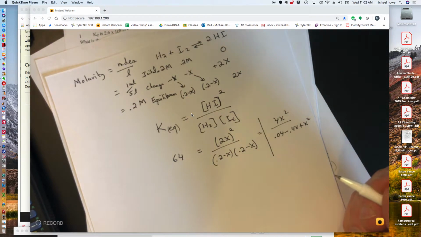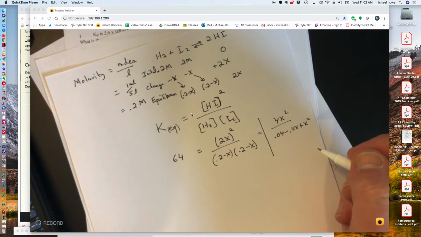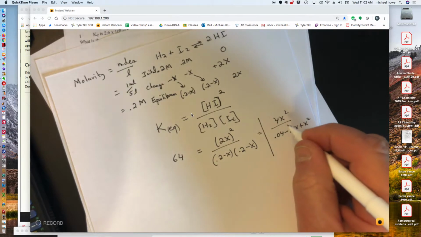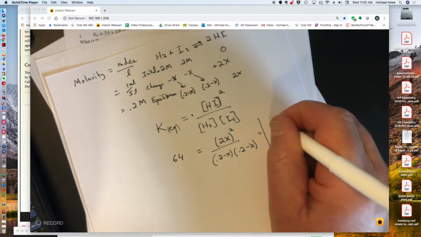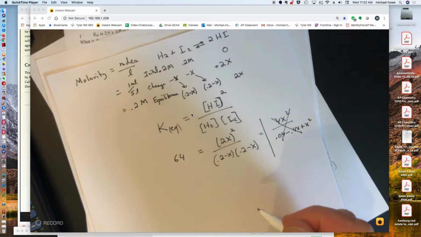Well, then you could rearrange this, put it in standard form, and I'm not going to actually go through that process because there's a simpler way to do this particular problem, and then we'll do a quadratic in a minute.